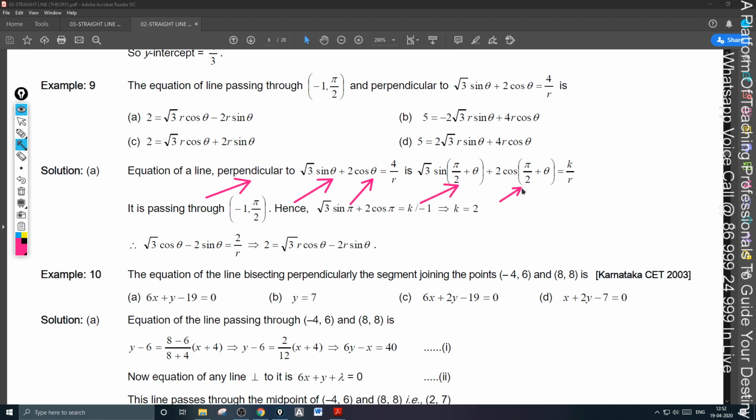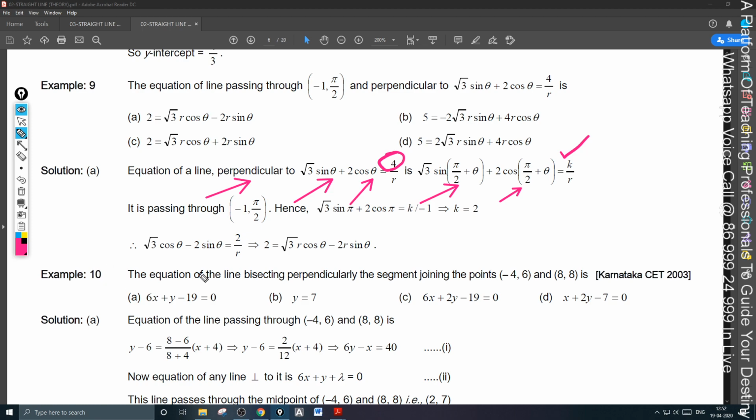Here also theta is replaced with pi by 2 plus theta. And the constant part we don't know. I said no, in the previous cases also the constant changes. So here it is 4, but we don't know what the constant is. That is the reason why the constant is changed to k by r. R and theta are parameters, like x and y in the Cartesian form.